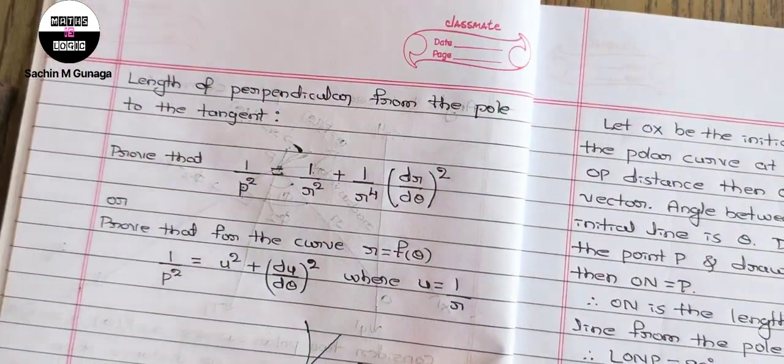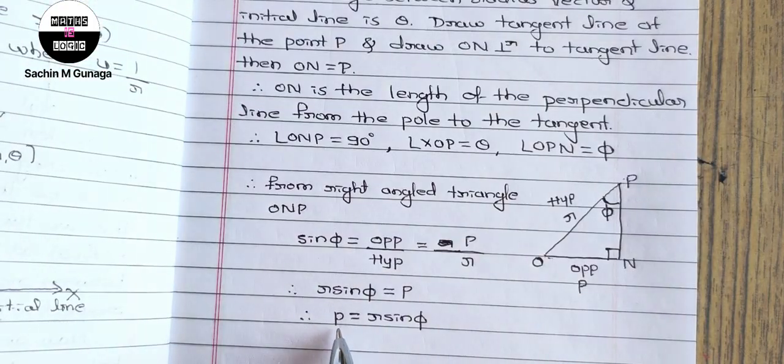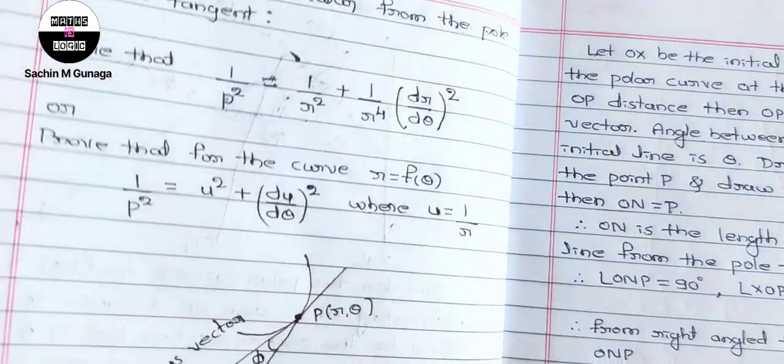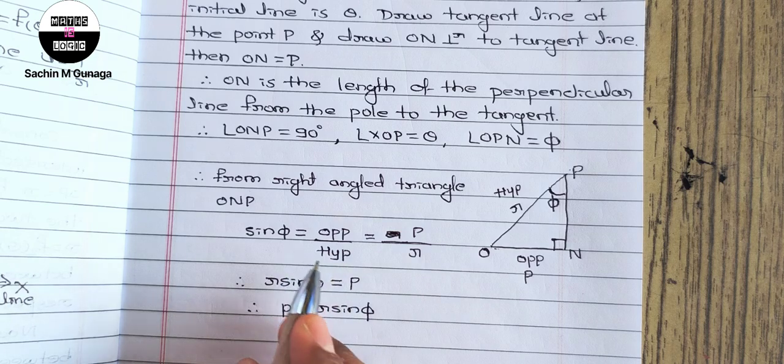But in the proof we need the reciprocal of p, then only we will get 1 divided by p. Therefore, in the next step, take the reciprocal.